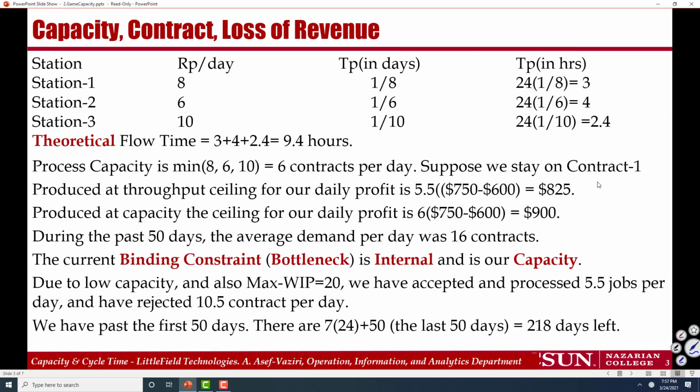At this moment, if we are at the end of day 50, we have 218 days to the end of the game, and we need to try to gain this demand, to benefit from this demand that we have rejected.